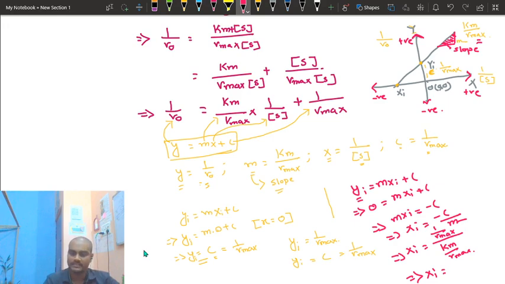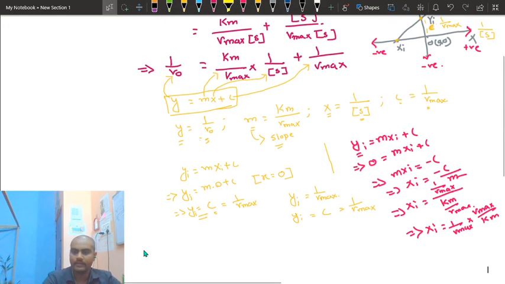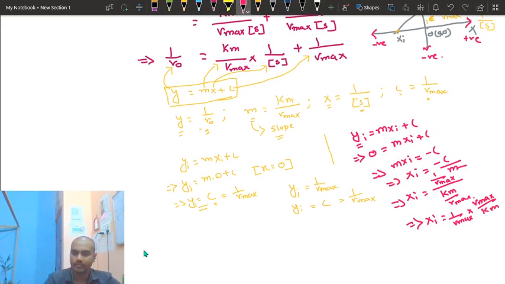The value of the x-axis intercept will be 1 by vmax into vmax by km, right? And obviously we have to put the minus sign over here. Vmax will be cancelled, and the x-axis intercept will be minus 1 by km, right? Okay, so this is the value of the x-axis intercept.